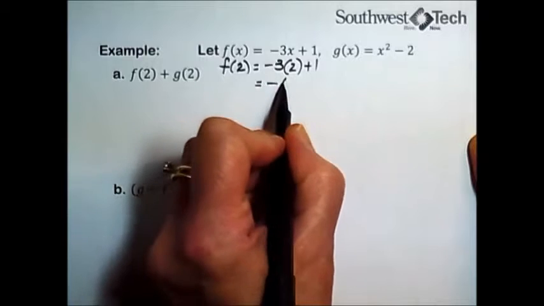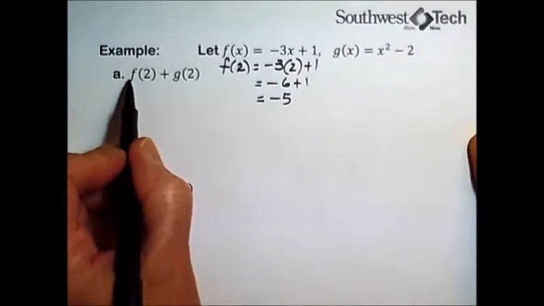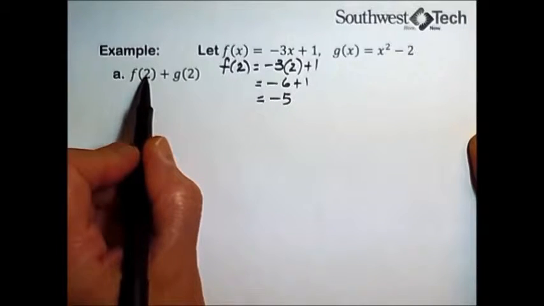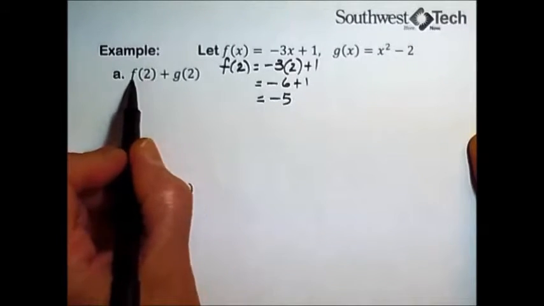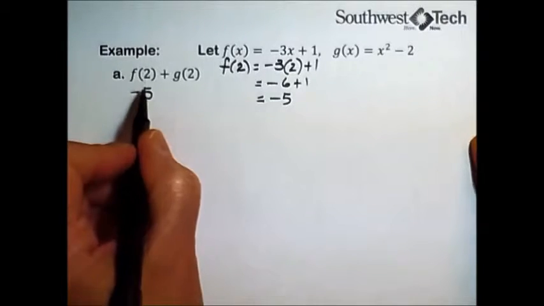Multiplying, we get a negative 6 plus 1 results in a negative 5. So in place of the function when x, or the input value, is 2, the result is negative 5, so we can put a negative 5 in its place.